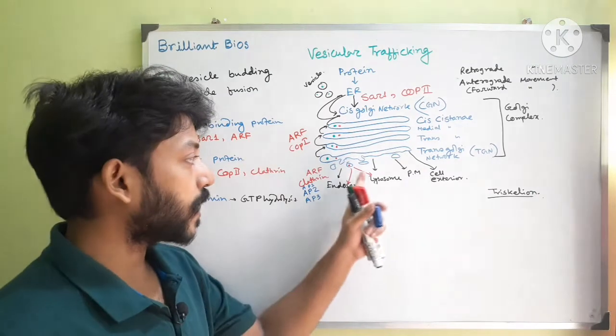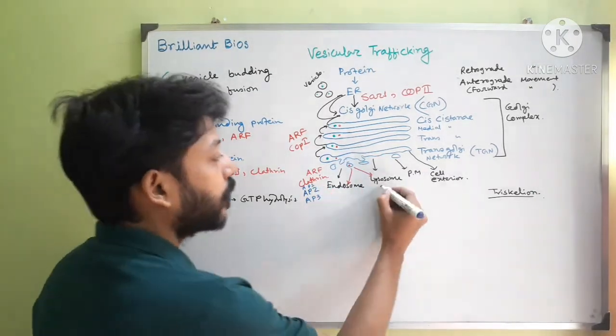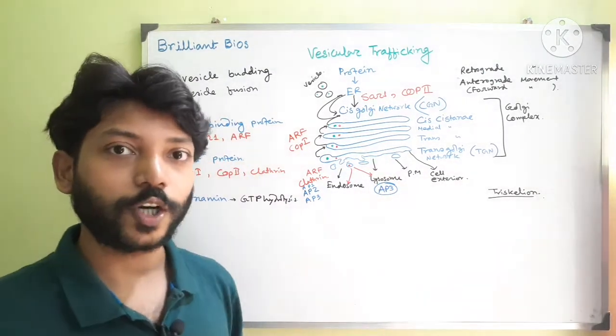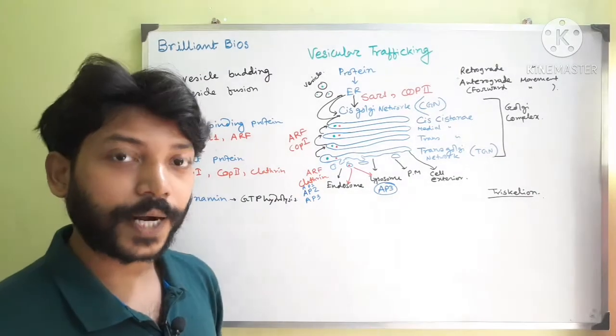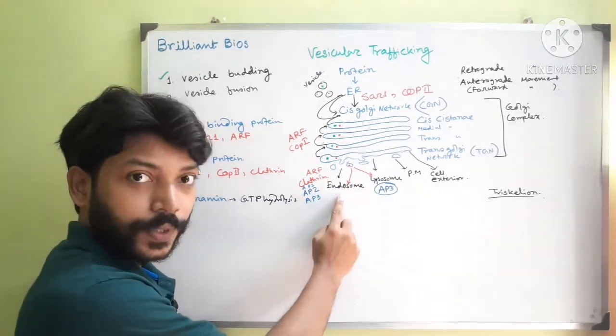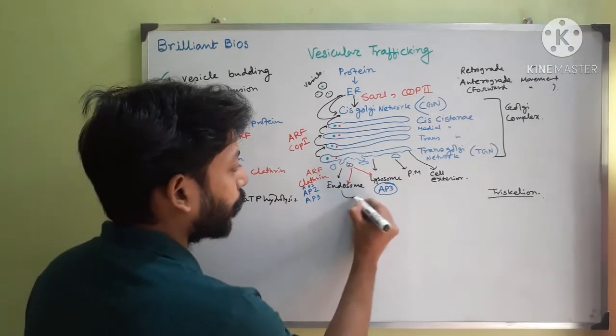But when proteins enter directly to the lysosome, there is no requirement of clathrin. Only AP3 is responsible for the direct sorting of protein to the lysosome. But another thing can occur: at first the protein enters the endosome, and then the endosome fuses with the lysosome.